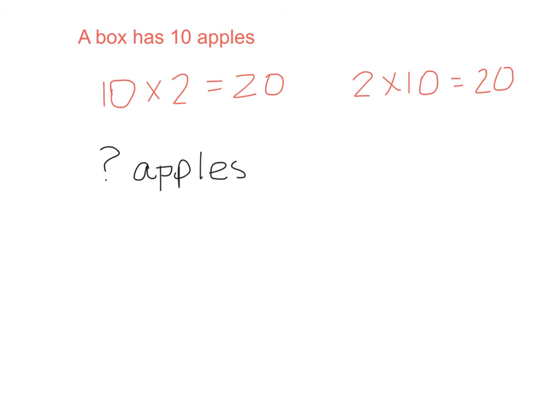If we don't know how many apples are in the box, then we could say that there are A apples.